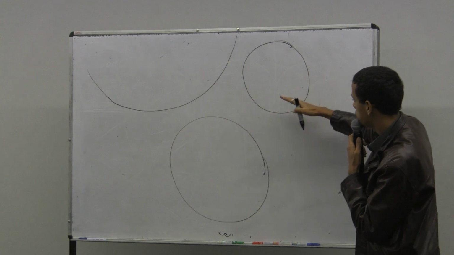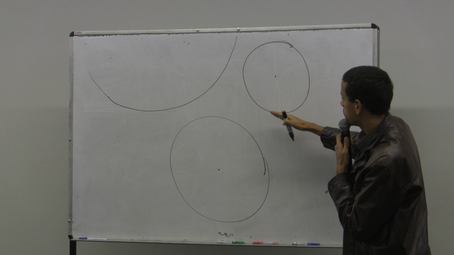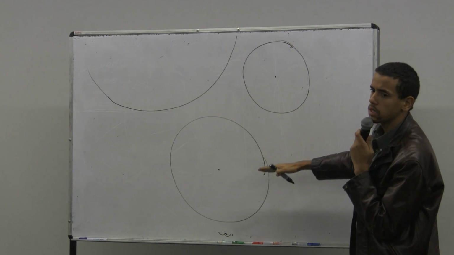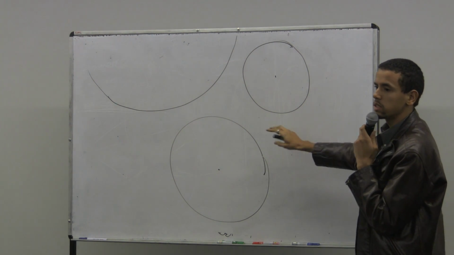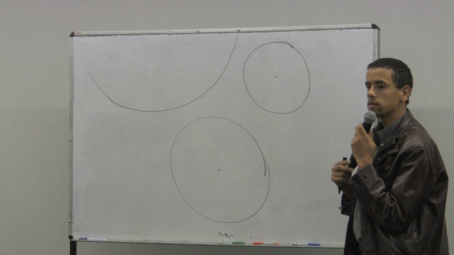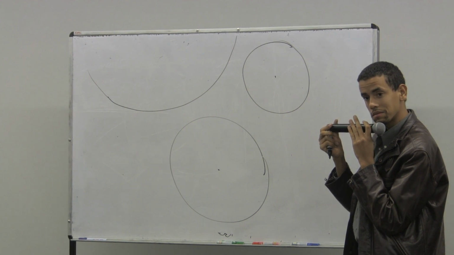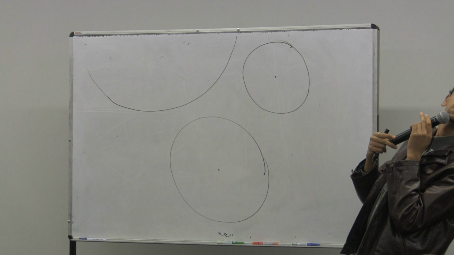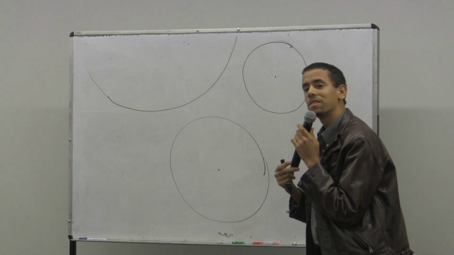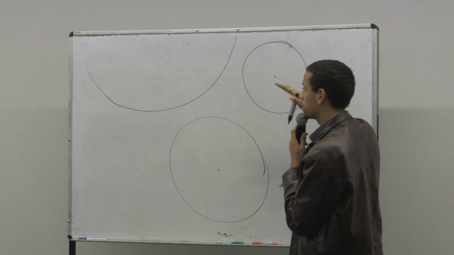So we know it's a line that's perpendicular to the line between the centers, but is it more on this side or more on that side? Or is it like in the middle? Now I'm showing you where it is. It's more on this side. Yeah. Okay.